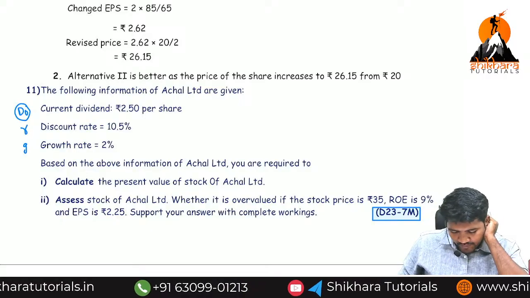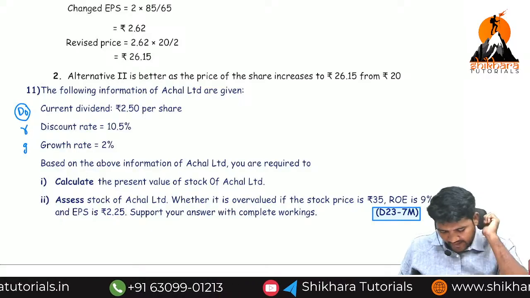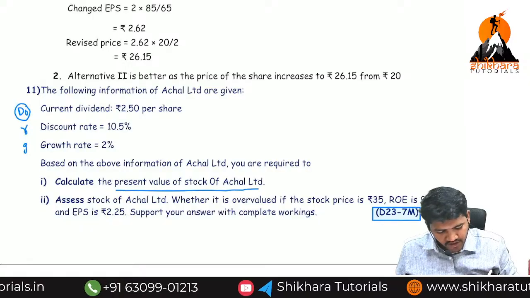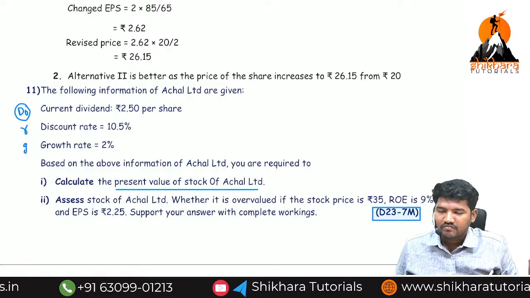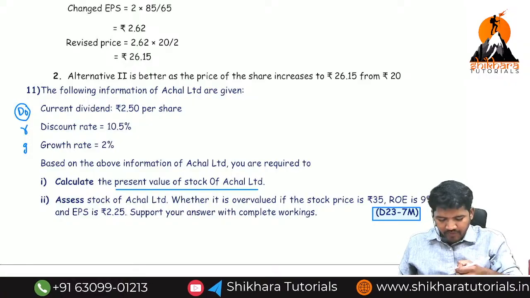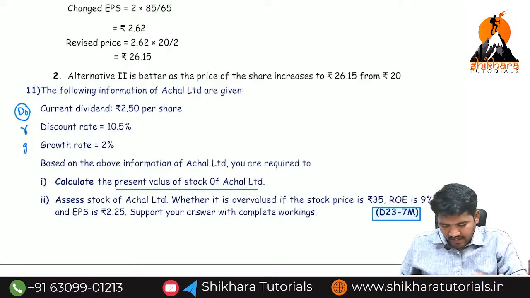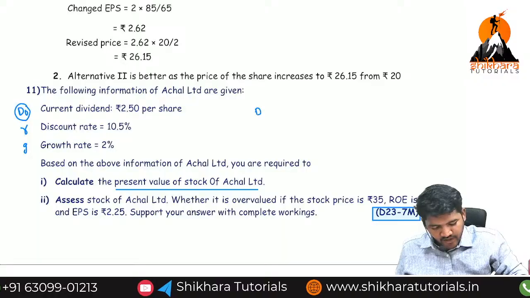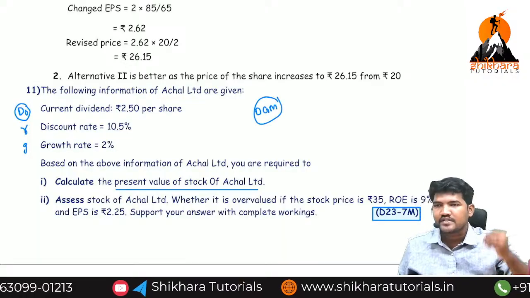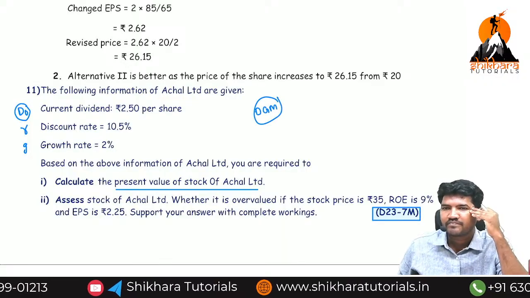Based on the above information of HL Limited, you are required to calculate the present value of stock of HL Limited. So based on the above information, I understand it is a dividend growth model, Gordon's dividend growth model. Are you agreed? Now, simple.